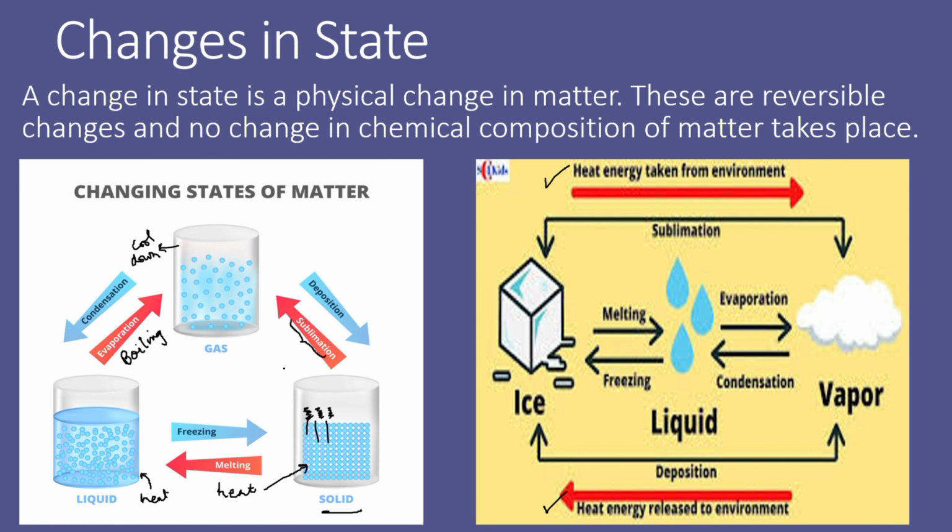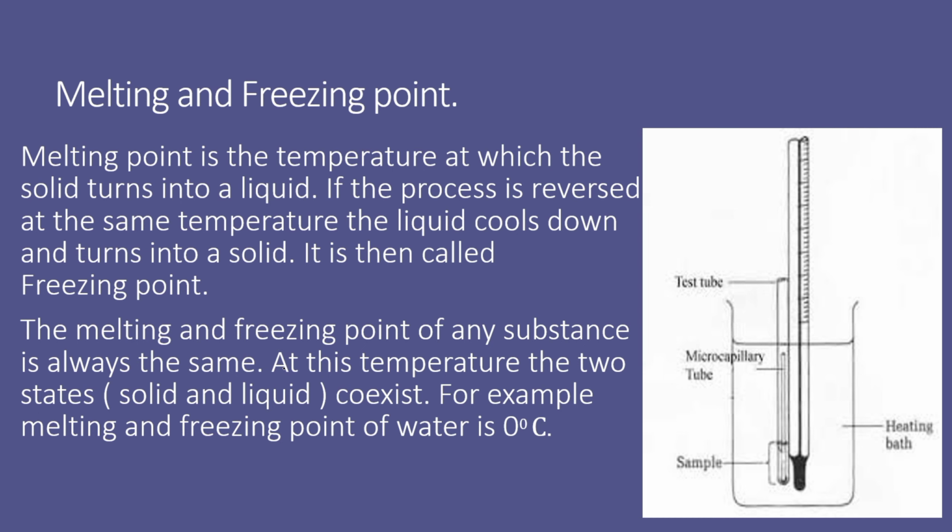Now melting and freezing point. Melting point is the temperature at which solid turns into a liquid. If the process is reversed, at the same temperature, the liquid cools down and turns into a solid. It is then called the freezing point. The melting and freezing point of any substance is always the same.